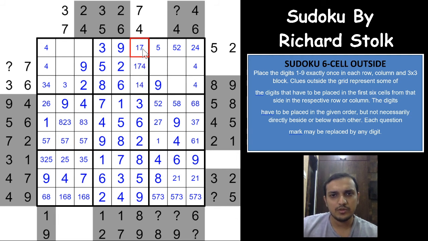A 4 cannot be here. 4 will have to be in one of these two cells, right? What else are we missing in this Sudoku, guys? Seems to be something very simple that we might be missing here. Something very much simple, I think.